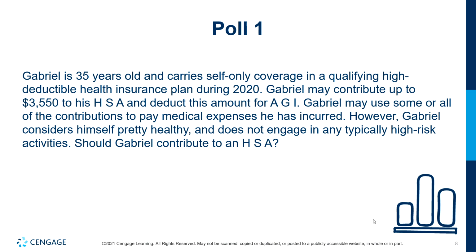Gabrielle may use some or all of the contributions to pay medical expenses he has incurred. However, Gabrielle considers himself pretty healthy and does not engage in any typical high-risk activities. Should Gabrielle contribute to an HSA?